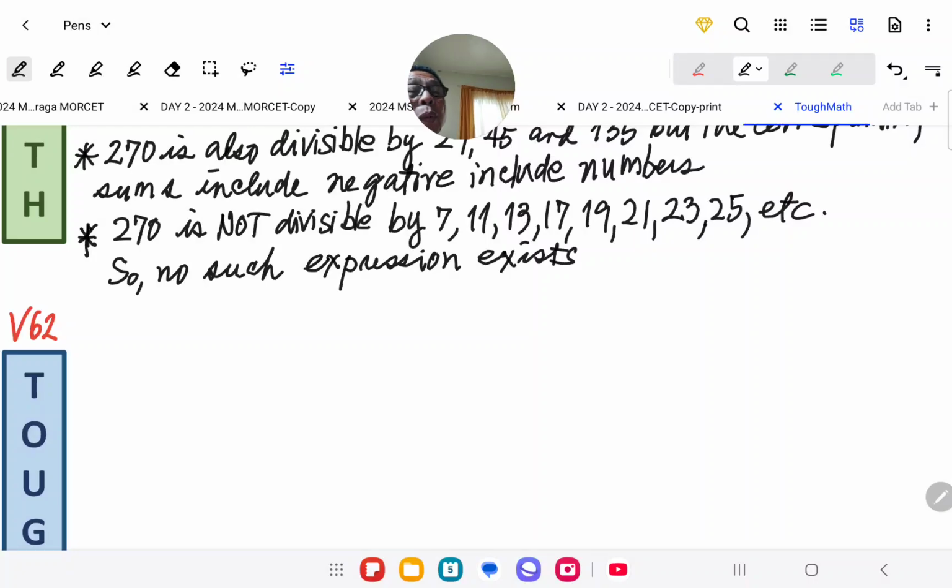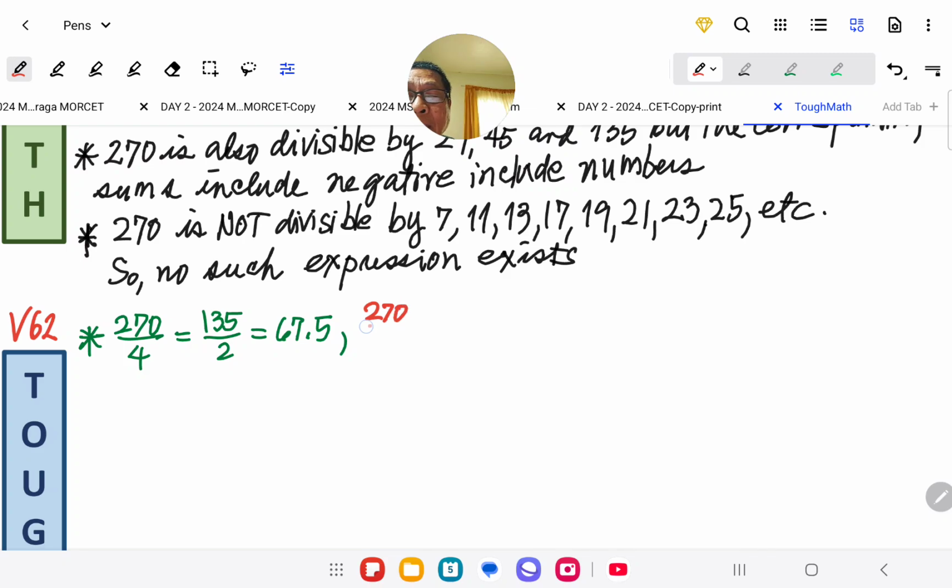Now let us go to the even. For the even, we have 270 divided by 4 equals 135 divided by 2, which is 67.5. Then 270 divided by 12. First, we divide it by 2, so you have 135, so we have 6.